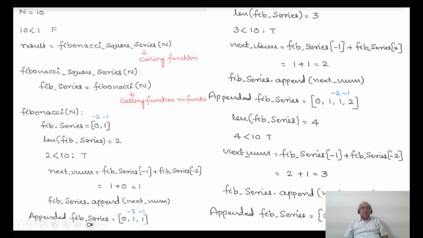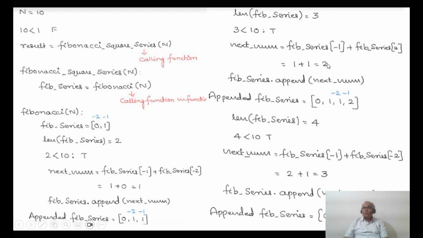Now we'll go to this. What is the length of the series now? The length of the series is 3 now. Initially it was 2 because you had 0 and 1. Now we have 3 because 0, 1, 1. Is 3 less than 10? The condition is true. What is the next number? The next number is series -1 plus series -2. -1 is 1 and -2 is 1.